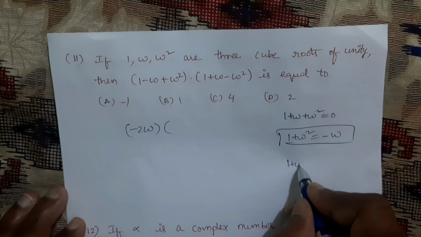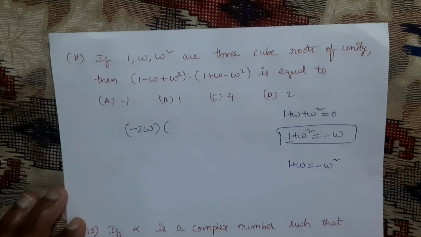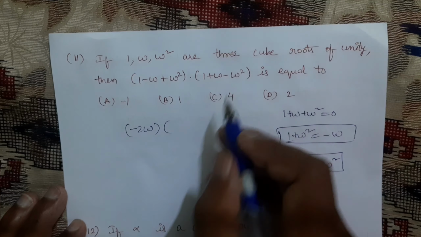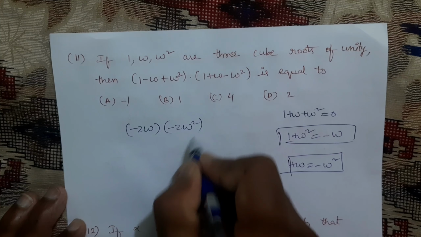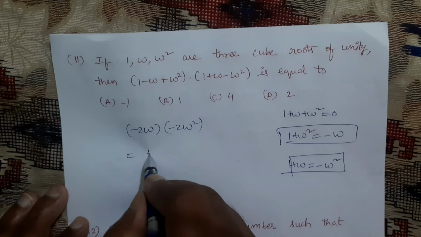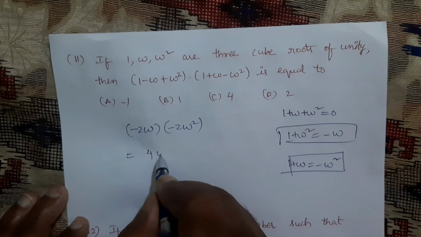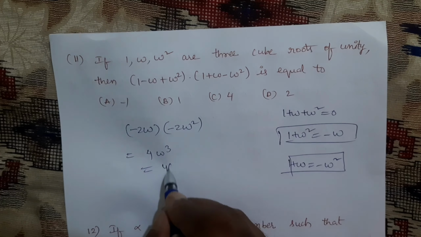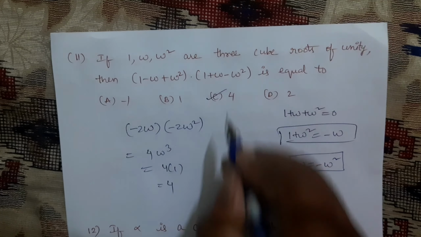So 1 plus omega equal to minus omega square. Then this will become minus omega minus 2 omega square. Now we can write this as minus 2 into minus 2 is 4, omega into omega square is omega cube. We know the value of omega cube is 1. So the answer will be 4.